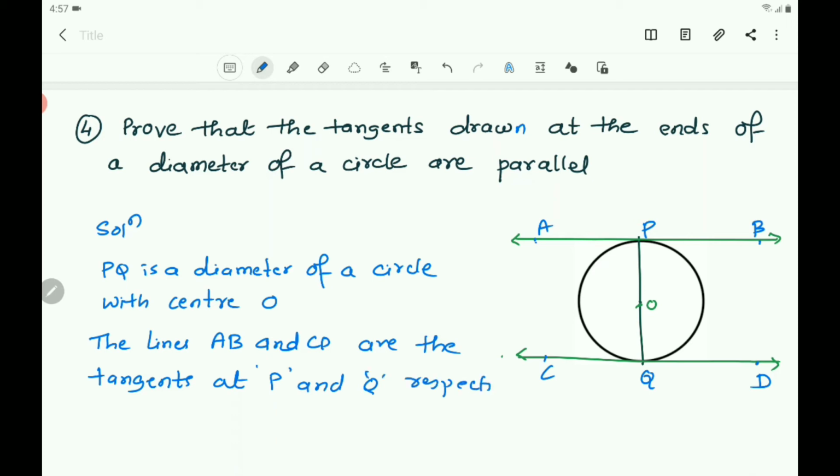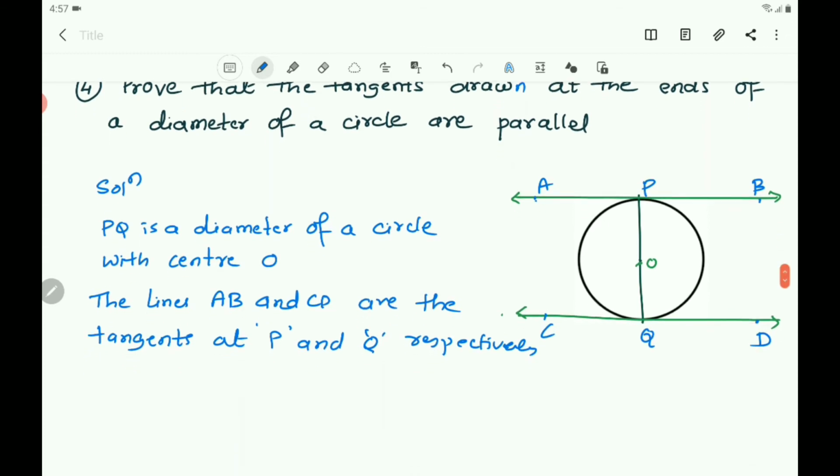It means AB is a tangent at P and CD is a tangent at Q.